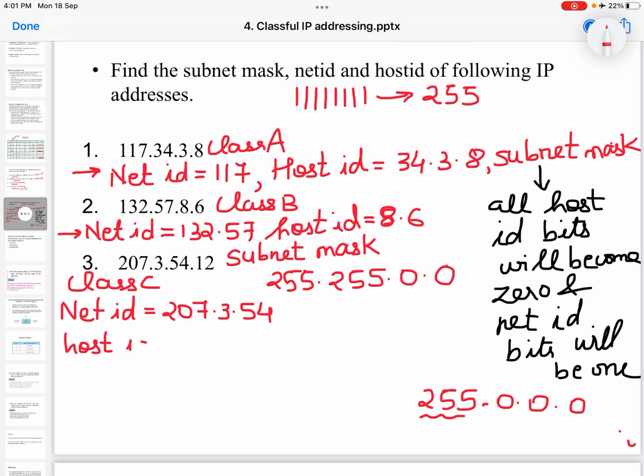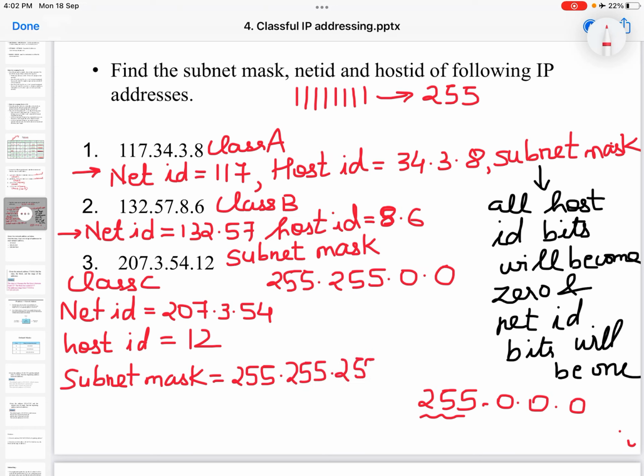Host ID is my 12, and subnet mask is 255.255.255.0.